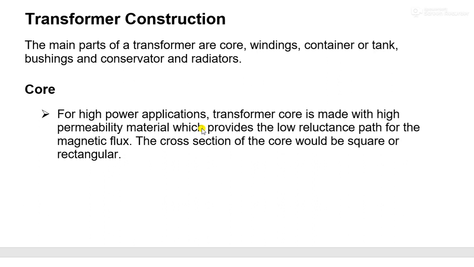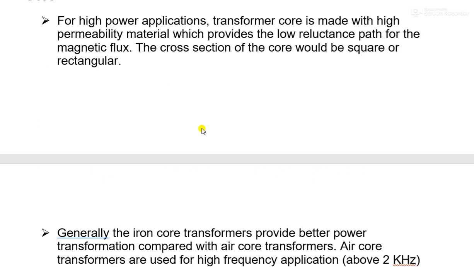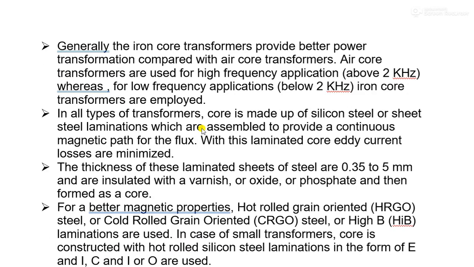The cross section of the core would be square or rectangular shaped, as we see in the figure. That is, the core is a square shape. The arms on which the winding is wound are called limbs.